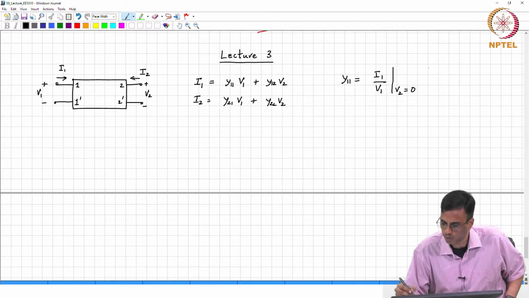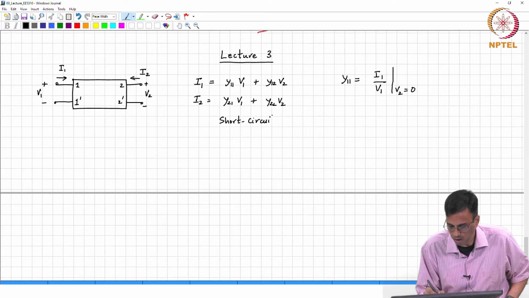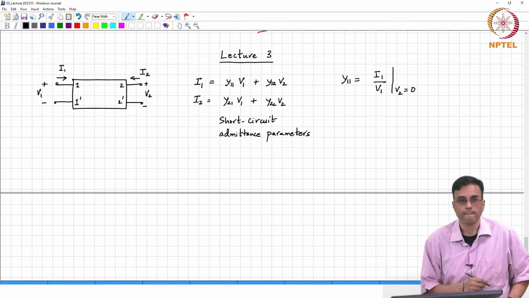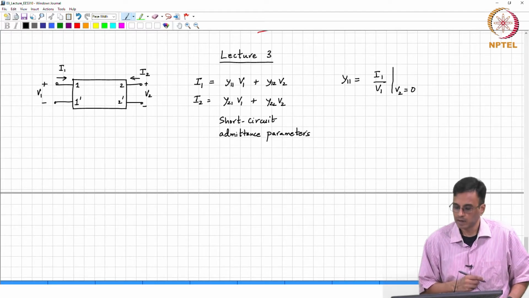So, these are therefore called short circuit admittance parameters. Does it make sense?